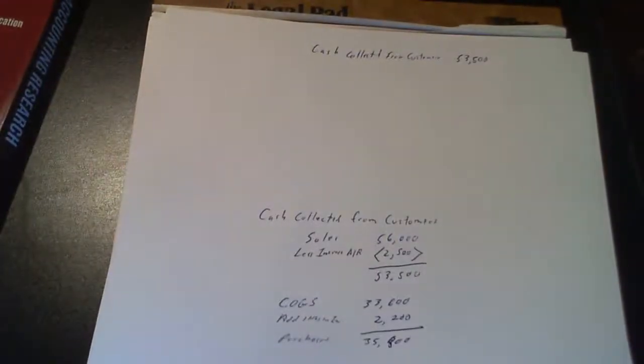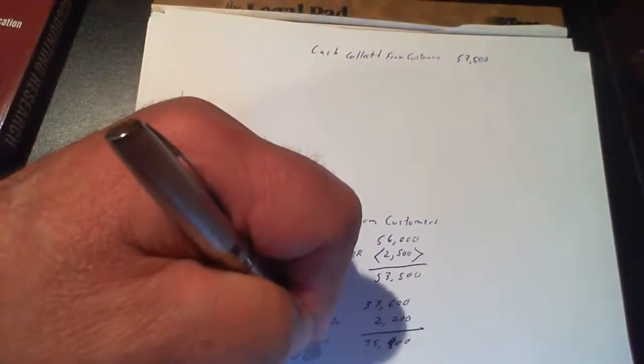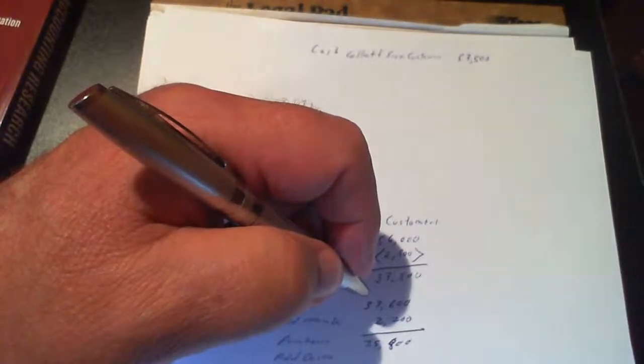35,800. Now we have to look at our accounts payable. Accounts payable is over in the liability section. It was 4,400. It's now 3,200. So we've actually paid off more than we purchased. And so that will be a $1,200 difference. So we will add the decrease in cash paid for merchandise of 1,200.